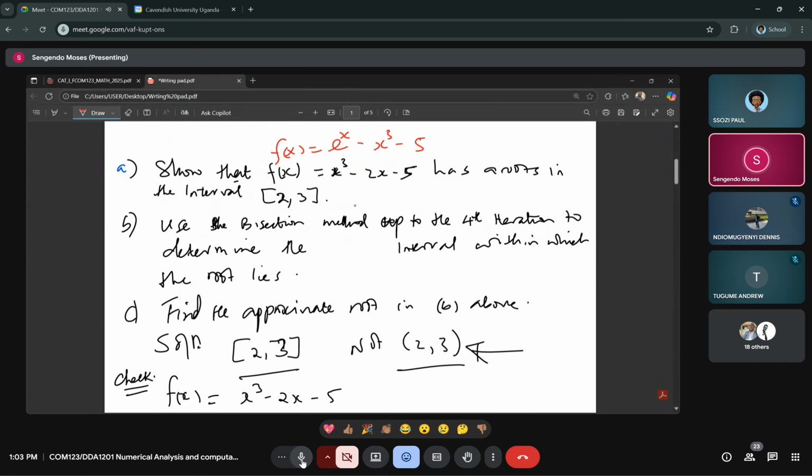The interval for this one you're going to use is [-2, -1]. You do the same thing for part B and part C. All right?